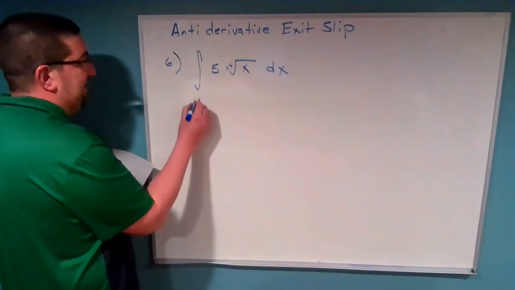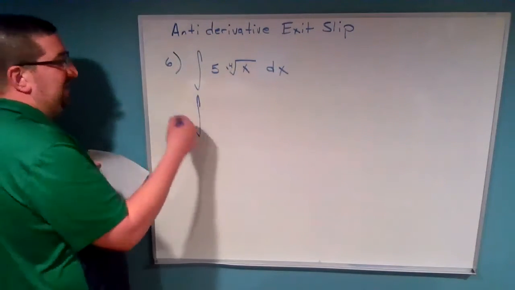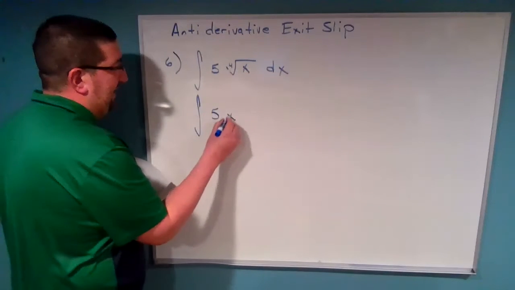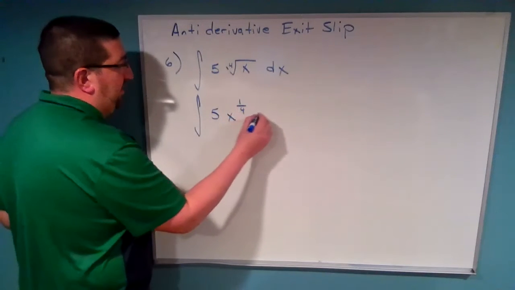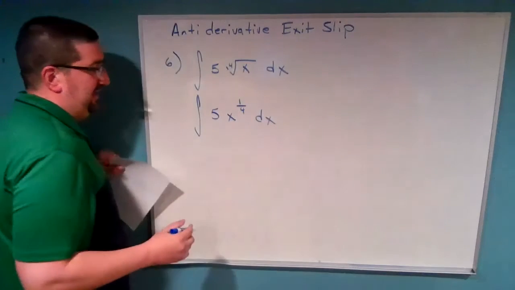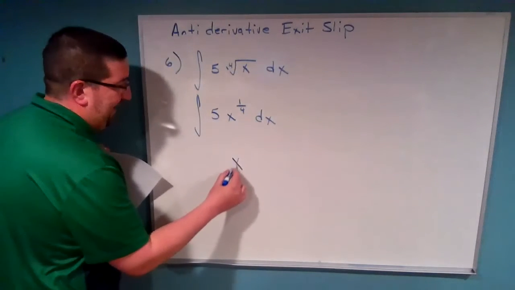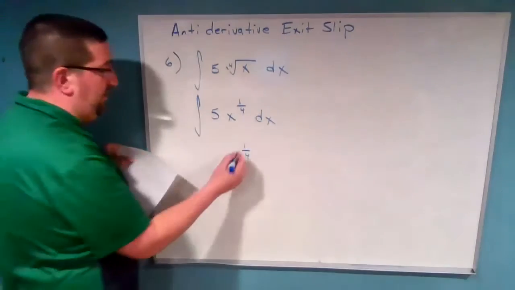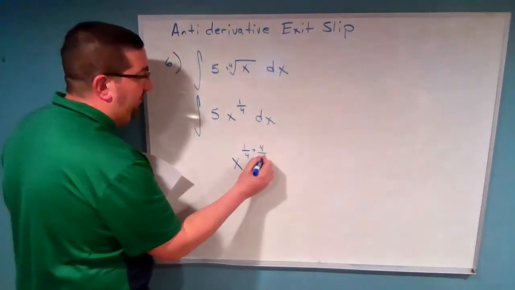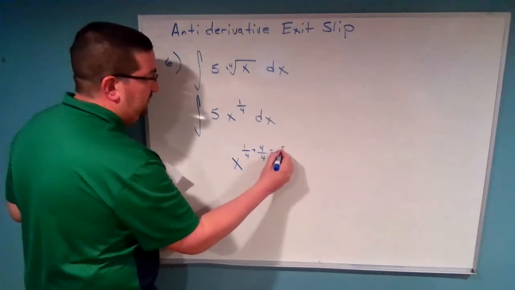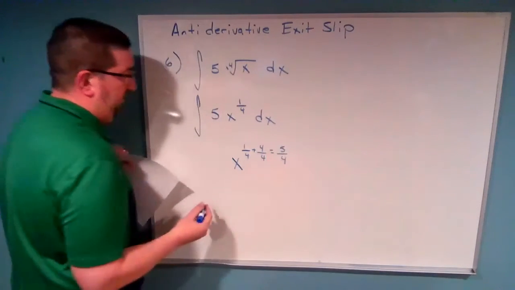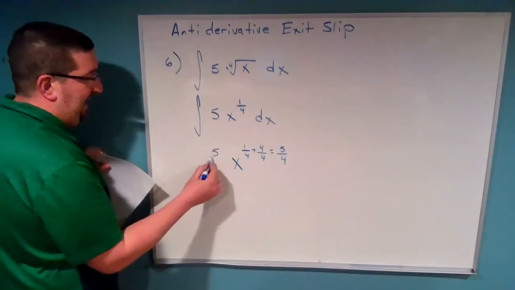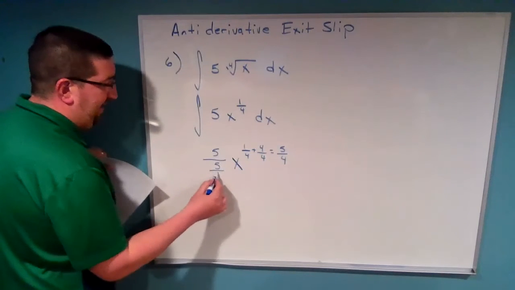So this would be the same thing as the integration of 5x to the 1/4 dx. So what we have to do is add 1 to 1/4. So we'd be adding 4/4 to that, which would become 5/4. So then I would have 5 divided by 5/4.